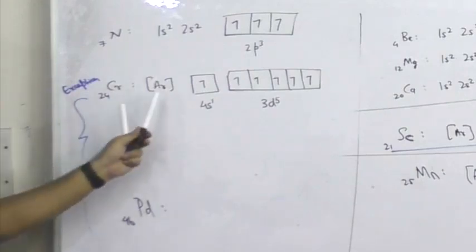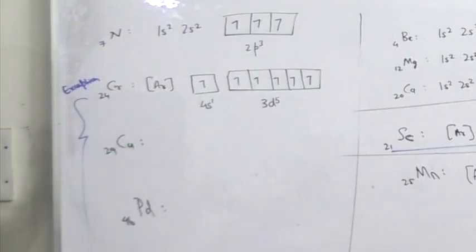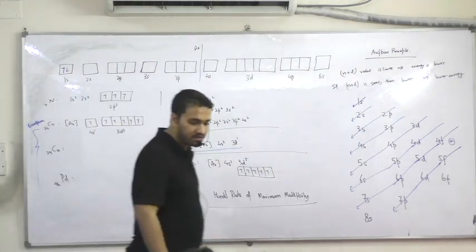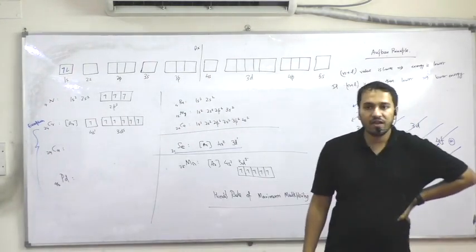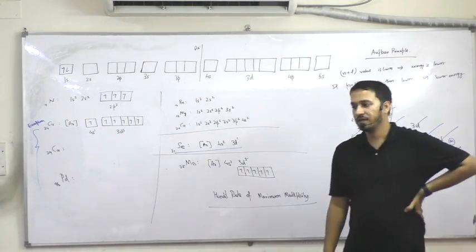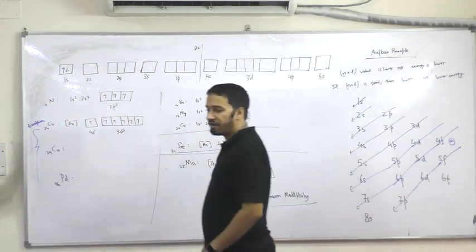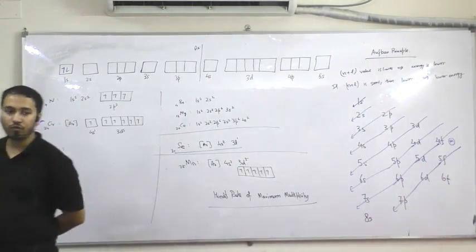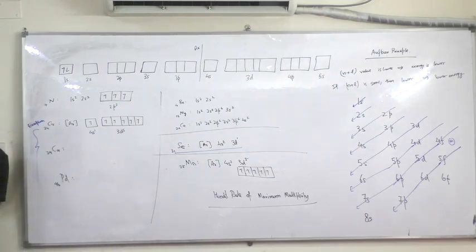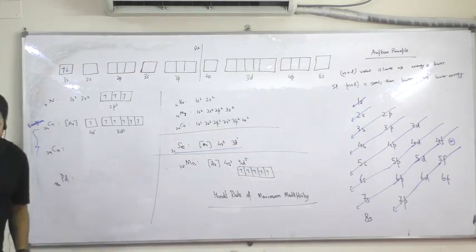1 electron is sent from s to d, and the reason for that, write down: subshells in their half filled or fully filled states have extra stability.